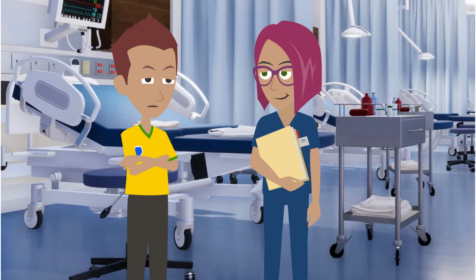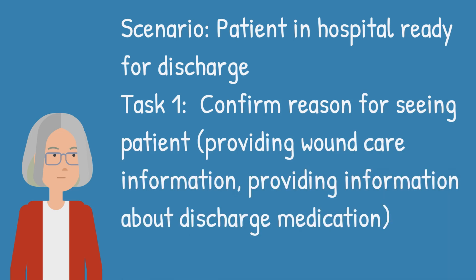Example 3, the scenario. A patient has been in hospital for abdominal surgery and is ready to go home today. You are a ward nurse who is providing discharge information to the patient. The task bullet point 1, confirm reason for seeing patient, in brackets, providing wound care information, providing information about discharge medication, close brackets.